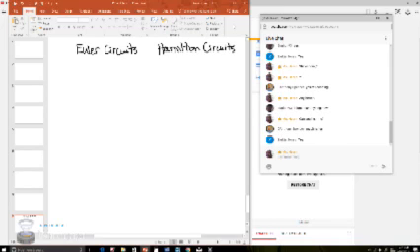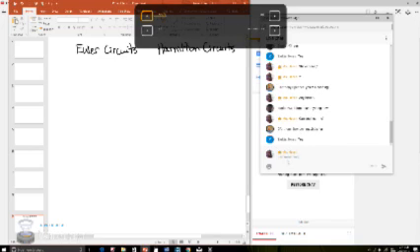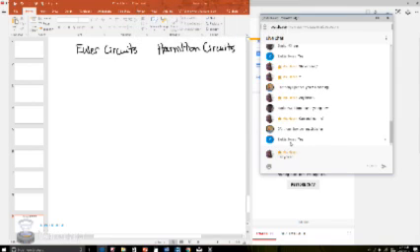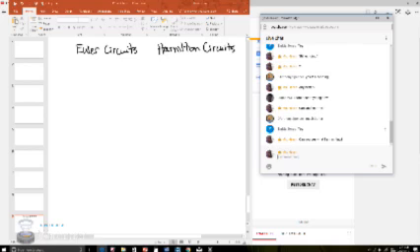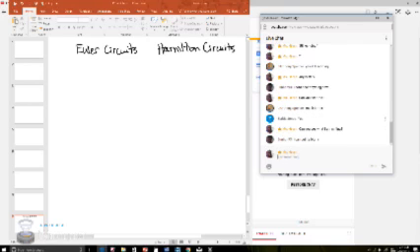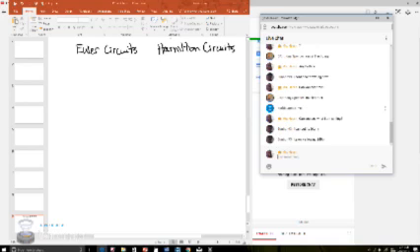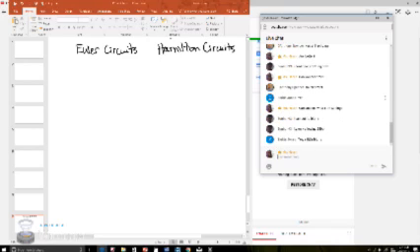Can you see what I'm writing? Let's just make sure. Everybody can see that I wrote Euler circuits. It's blurry. Okay. Sorry to hear that. Is it readable? A little blurry.